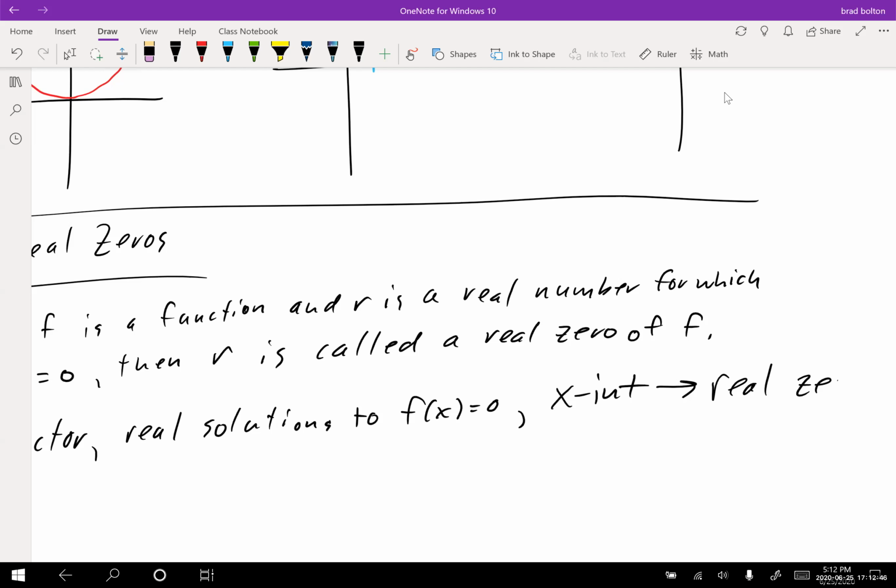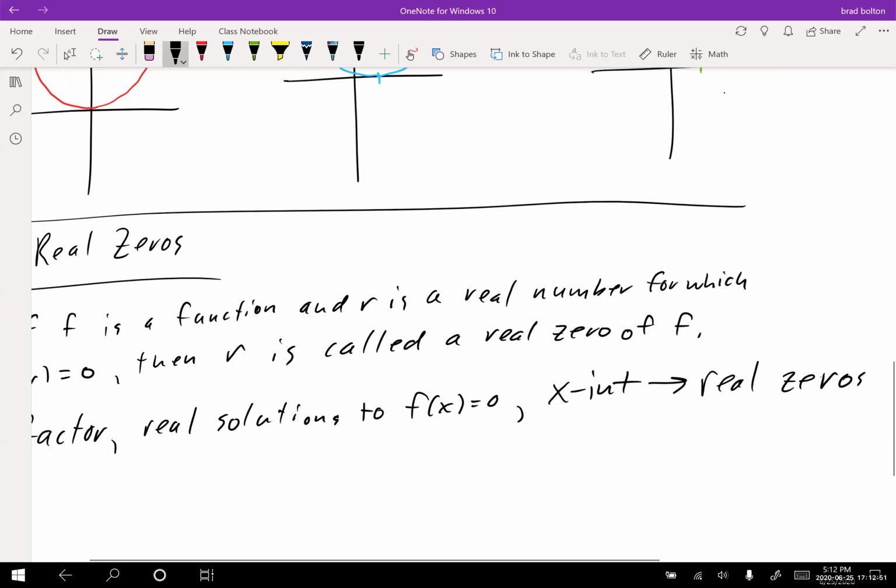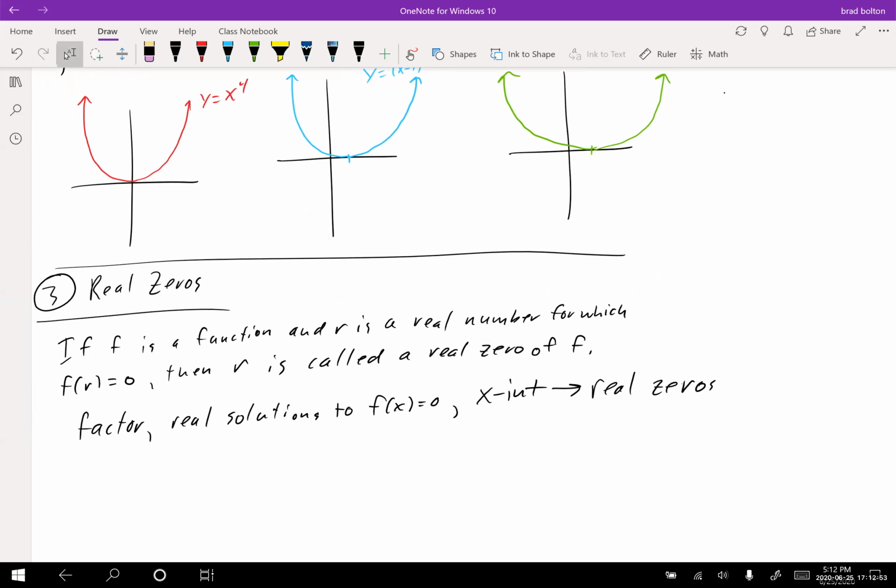When I'm talking about x-intercepts, I'm talking about real zeros. When I'm talking about the solutions to f of x equals 0, I'm talking about real zeros. When I ask you to factor something and set it equal to 0, I'm talking about the real zeros. You've been doing this all along, but they may not have called them the real zeros. It's just now you want to associate x-intercepts with real zeros, with factors, with solutions. They're all similar.